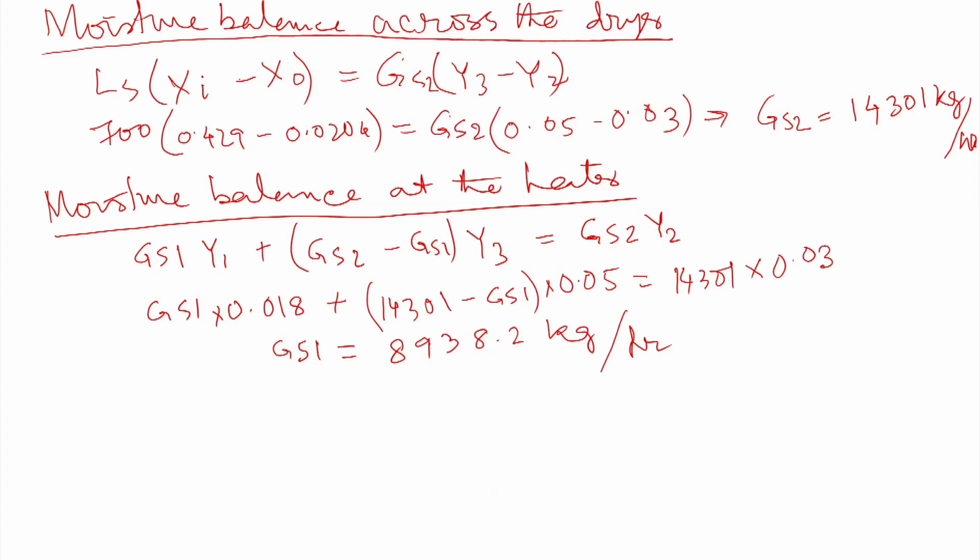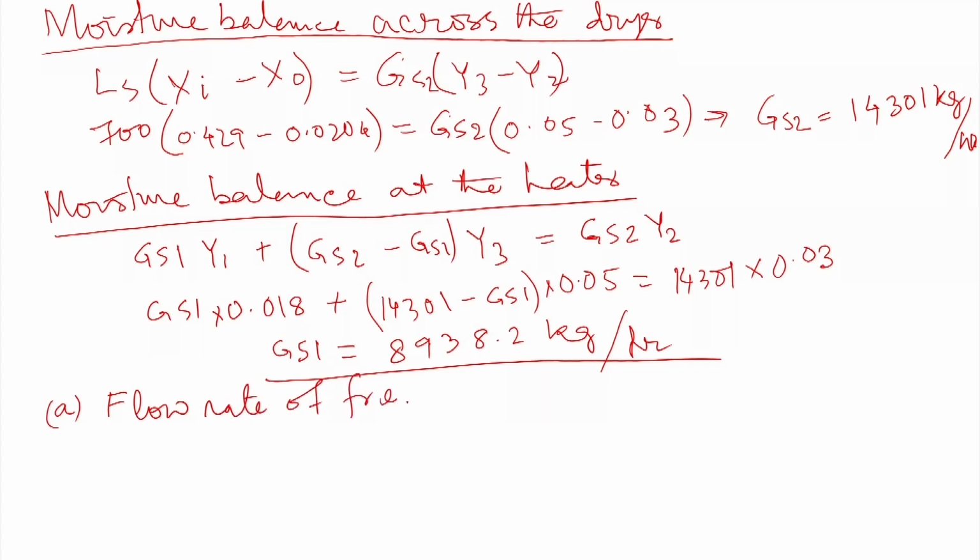First, the flow rate of fresh air, the first answer of this first problem, that is Gs1, which we have got as 8,938.2 kg dry air per hour.